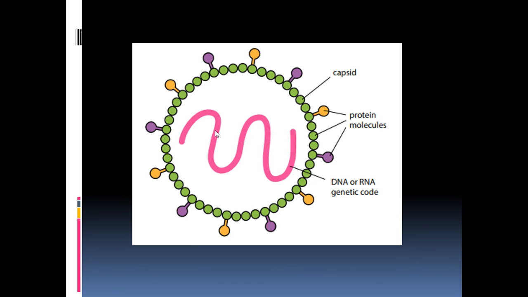And the general structure of a virus is very simple. It has the outer capsid that protects the genetic material inside, and the genetic material can be made out of DNA or RNA.